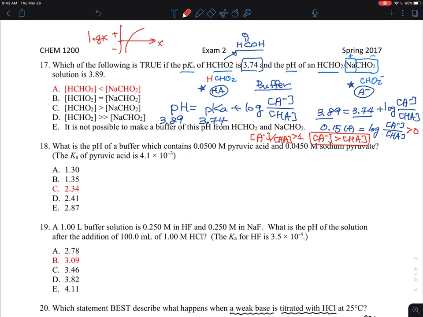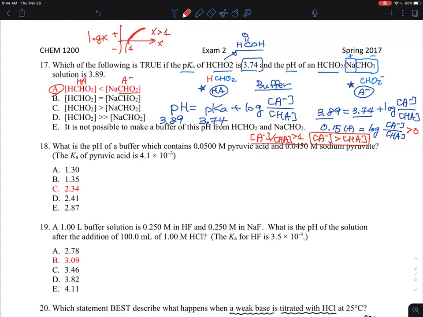Remember that graph? That's where the ratio is 1, and we are talking about the positive value here, right? So therefore, x has to be bigger than 1, so the ratio is bigger than 1. So, having said all that, this is your conjugate base, A minus, and this is HA, right? So A is your answer for that question.